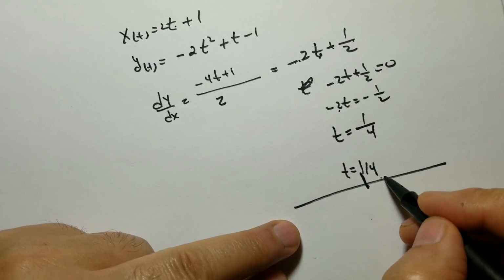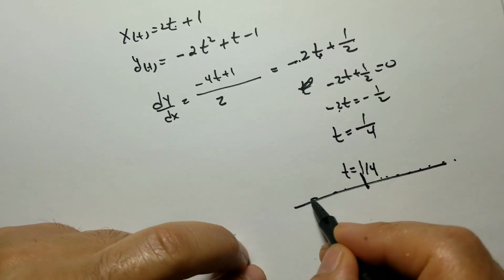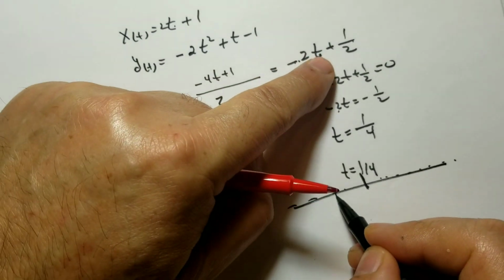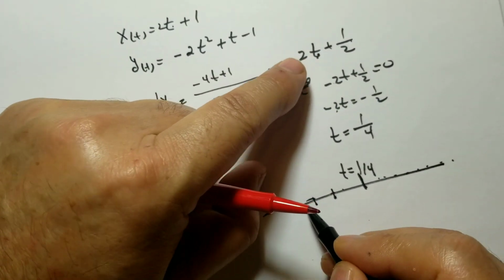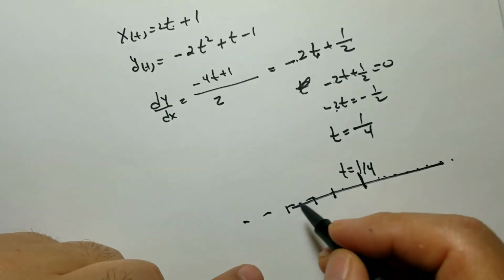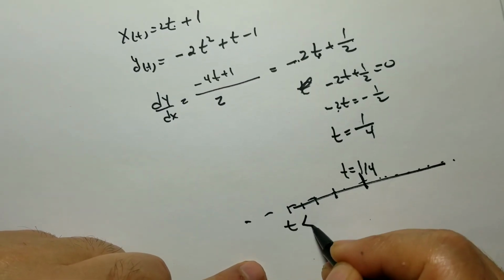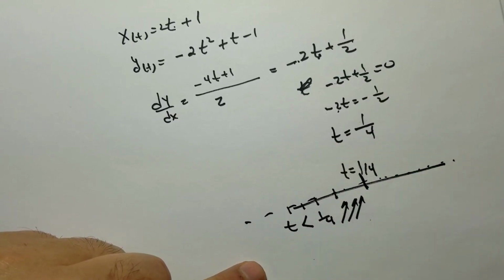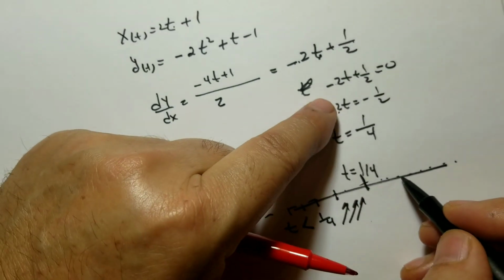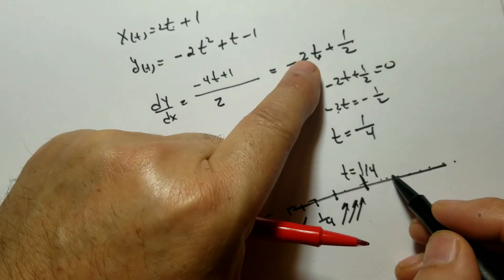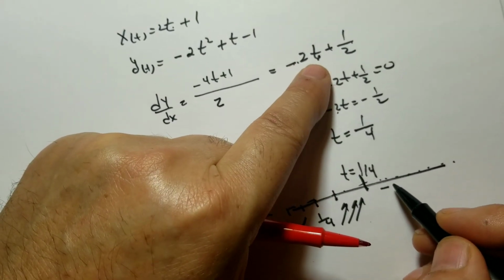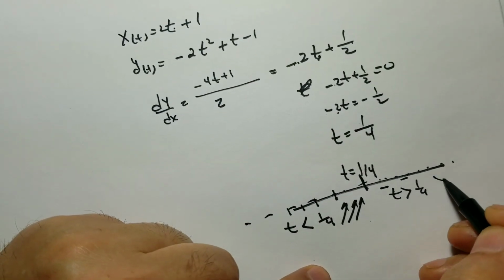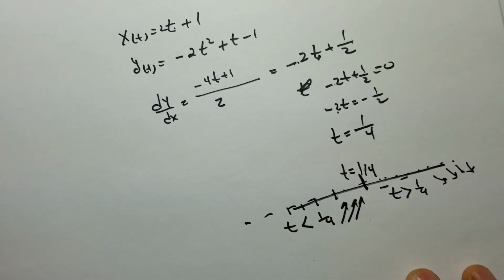But if you pick any number greater than this and any number less than that, like 0, positive, negative 1, positive, negative 2, positive. Therefore, when the t is less than 1/4, your function is going to increase, going up. But if your t becomes 1, negative, 2, negative, after t becomes greater than 1/4, your function decreases.